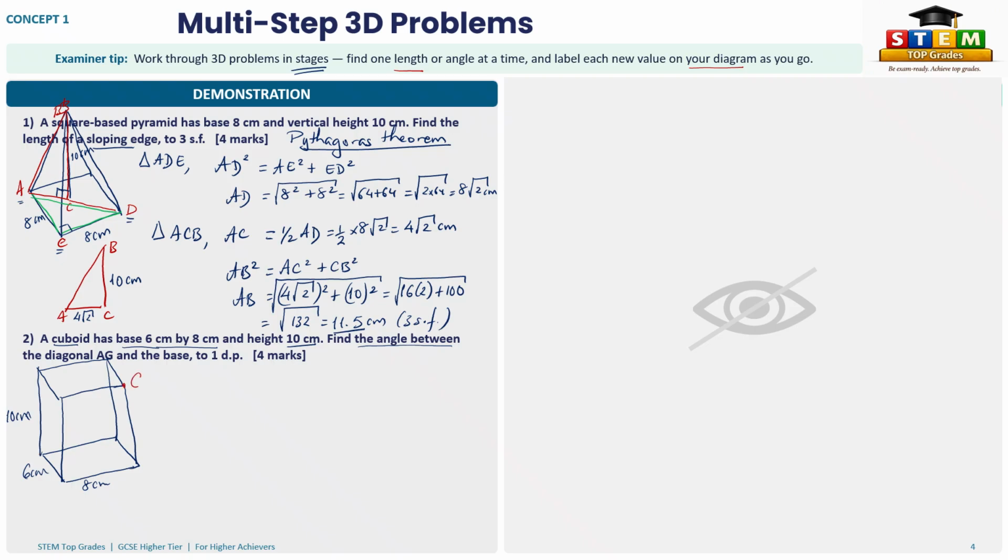Let's call that G, let's call that A, and we draw a line to represent the diagonal. Now, if you drop a perpendicular to it, let's call that F. Therefore, we will be looking at a right angle triangle AFG. And that's one of the triangles. As you know, in 3D, we will have at least two triangles to work on.